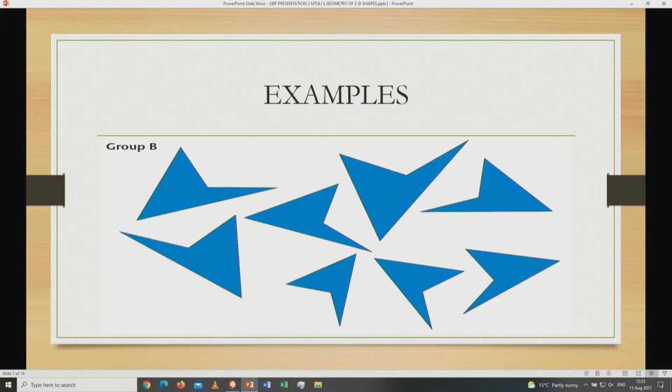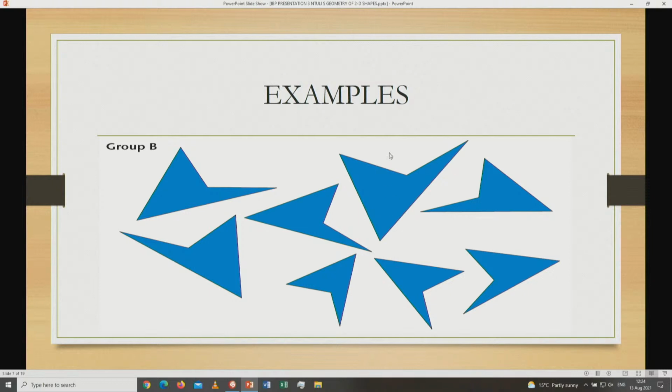Here is group B. Now, are these group B shapes similar or congruent? Let me repeat my question again. Are these shapes similar or congruent? We could see that these shapes are the same shapes, but what differs is that they are different in sizes.